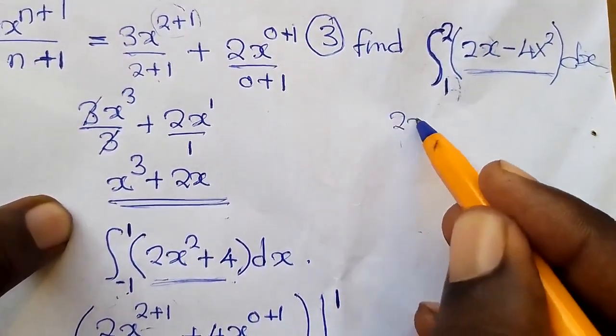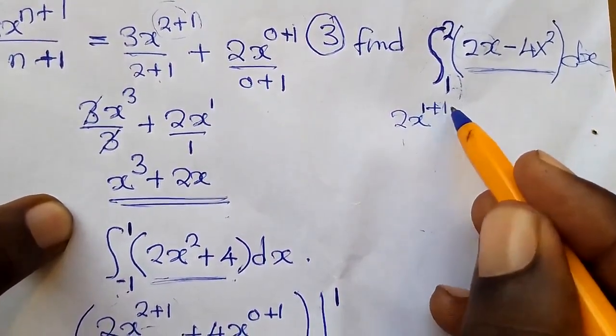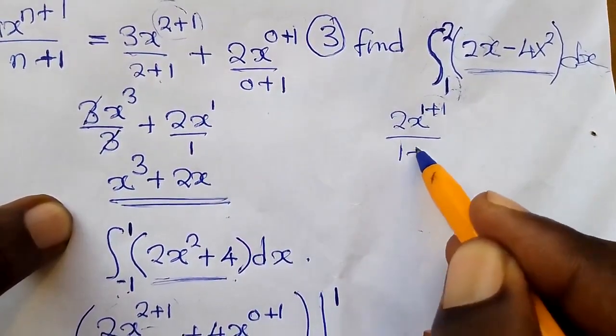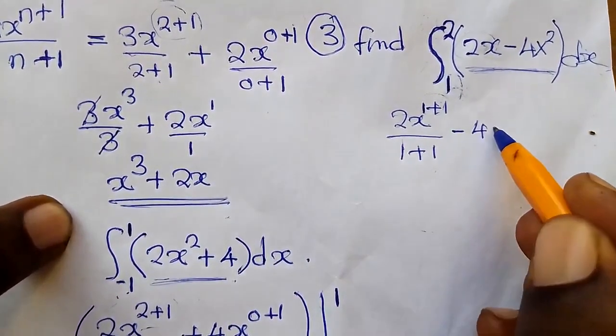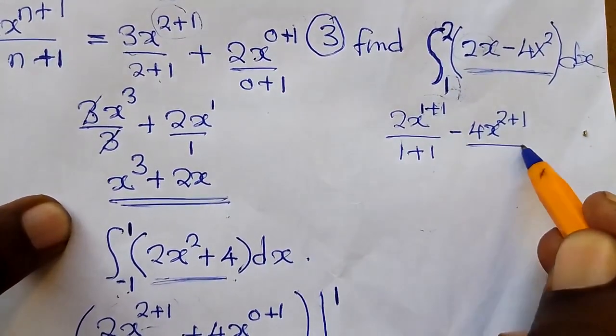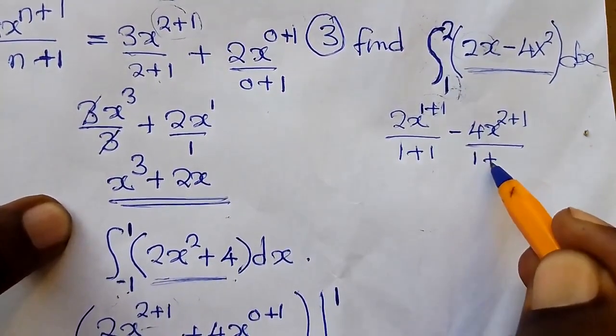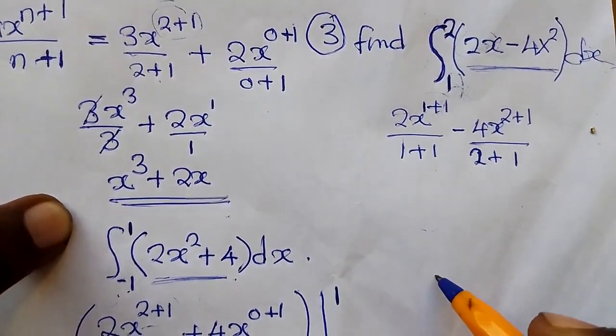That's 2x. So the power there, which means it's 1. So plus 1, everything there comes down, 1 plus 1. Then minus, that is 4 what? 4x power 2 plus 1. Over what? 1 plus, 2 plus 1. Like this. Have you seen?